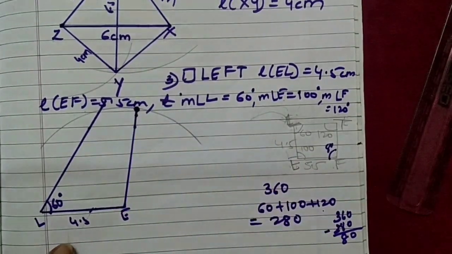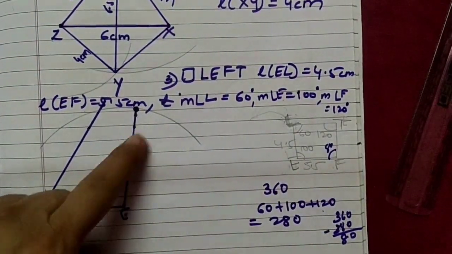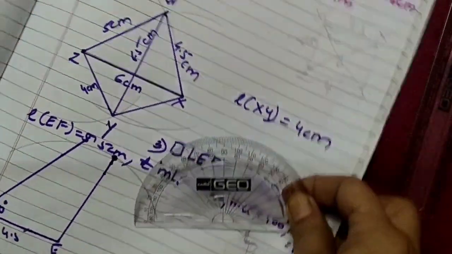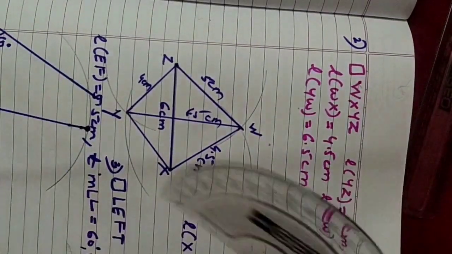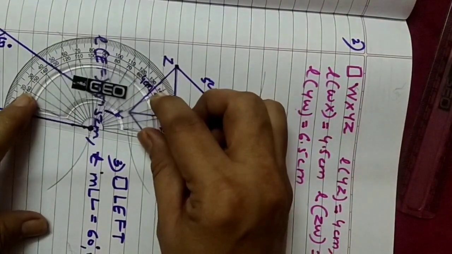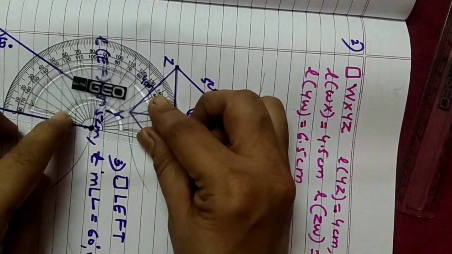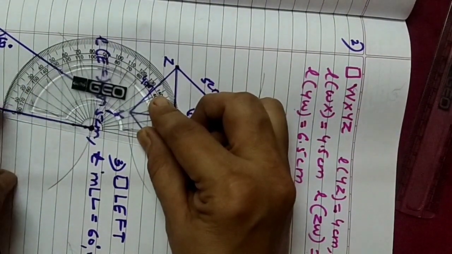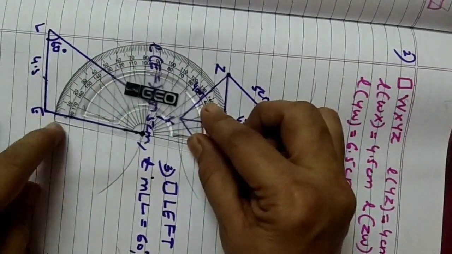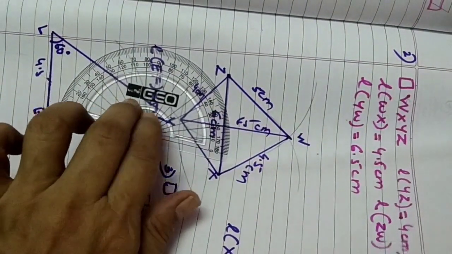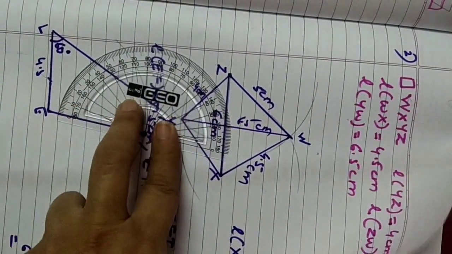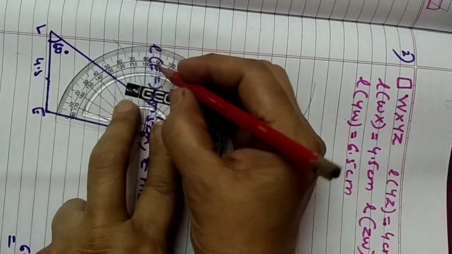So what I will do is I will take an angle of 80. Now how can I measure the angle over here? I have to turn my book, keep my protractor over here, align it with 0 here. I want an angle from this side, because my remaining part of the segment is here. So I will count again from this 0 and measure the angle of 80.